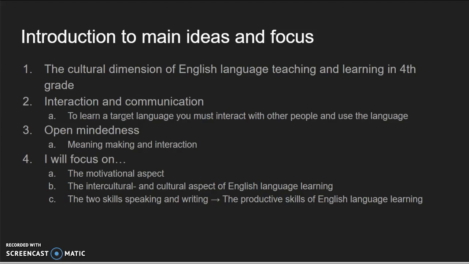I just have to add, this task I've created isn't based on communication itself. It is an individual task where there is added room for the students to interact and discuss and reflect during the task. I have also kept a focus on open-mindedness in relation to meaning making and interaction.